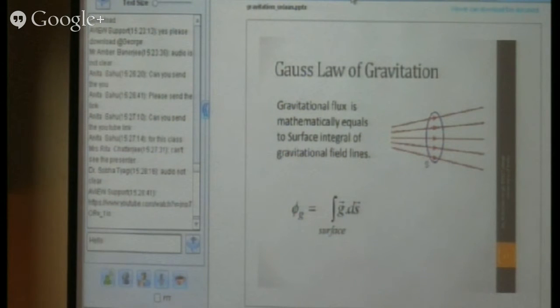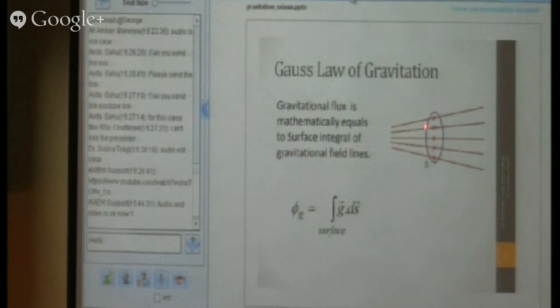You can say, sir, you can draw a line in between also. And if you want to be more accurate, you can draw many lines through it. To make this a physical quantity, we have one term called gravitational flux. And look at this. It is mathematically equal to the surface integral. That means you take the entire surface.